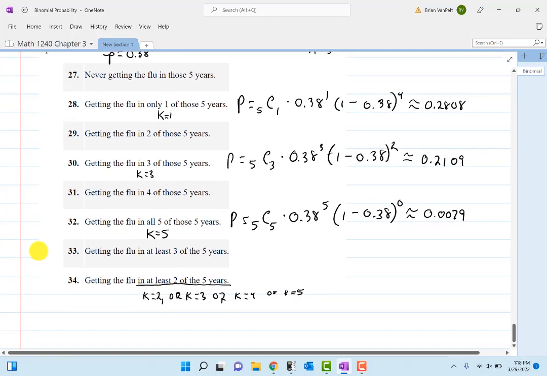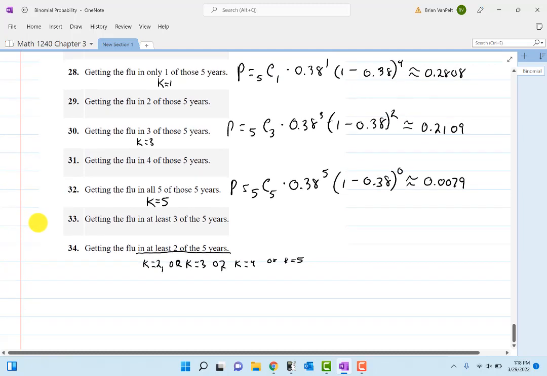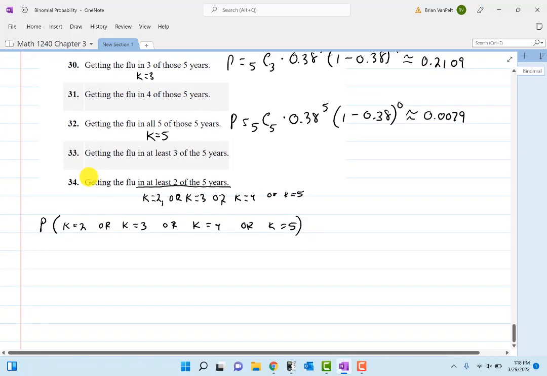So I don't think it'll take much of a lot of work to do all that. So the probability of k equals 2, or k equals 3, or k equals 4, or k equals 5. That equals the probability of k equals 2, plus the probability of k equals 3, plus the probability of k equals 4, plus the probability of k equals 5.